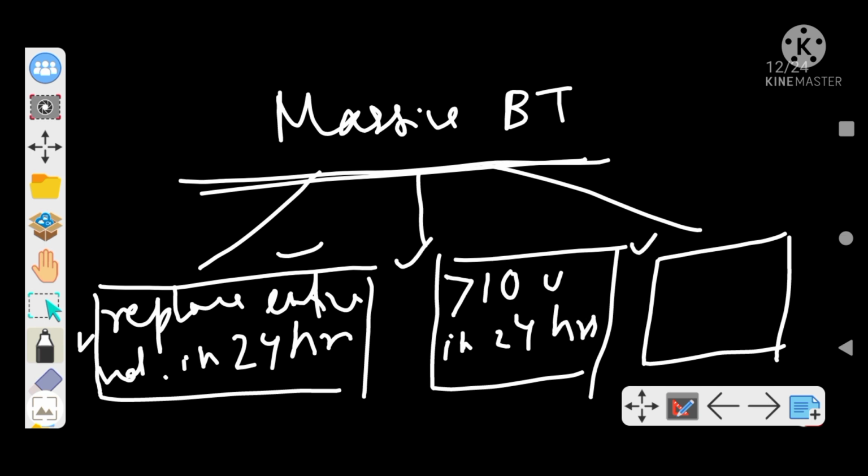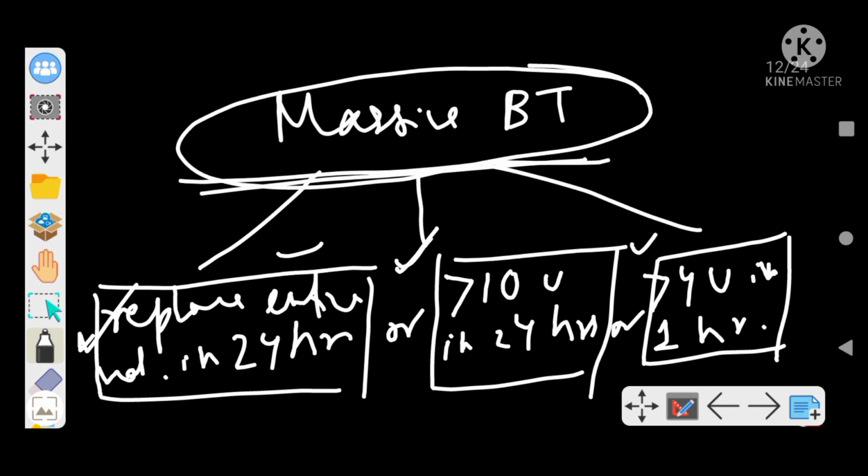Or more than 4 units in 1 hour, this is also massive blood transfusion. So basically there are 3 definitions, and anyone may be asked. If we replace entire blood volume in 24 hours, or more than 10 units in 24 hours, or more than 4 units in 1 hour, these all are definitions of massive blood transfusion.